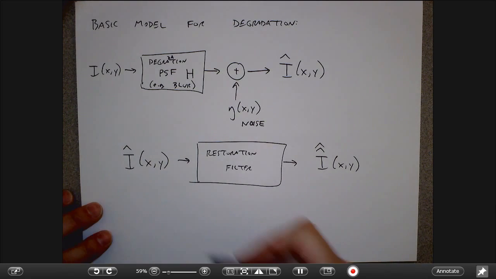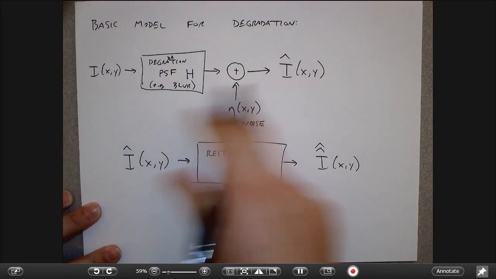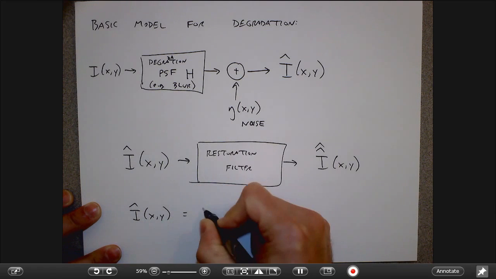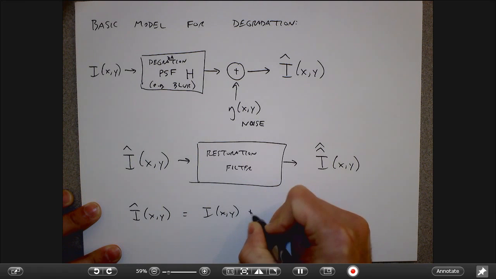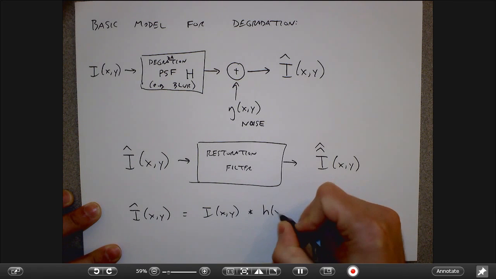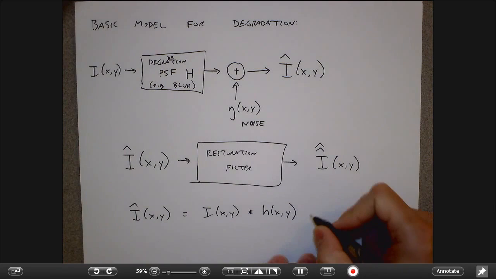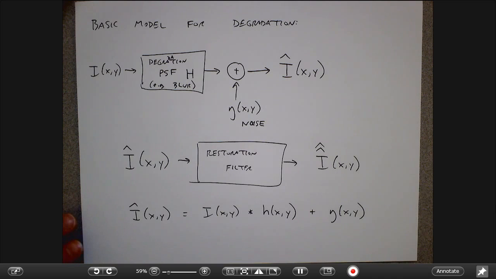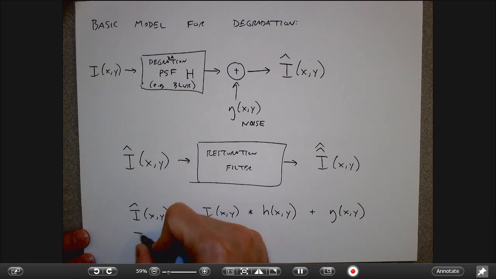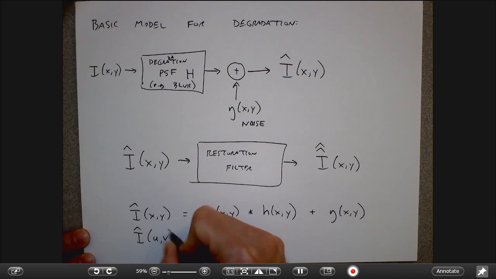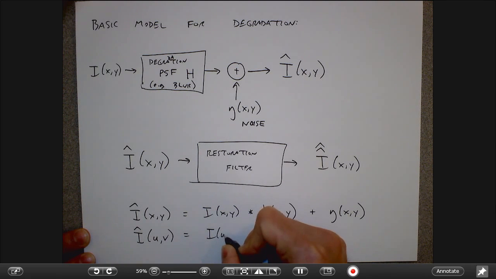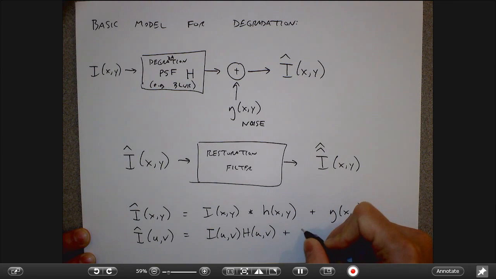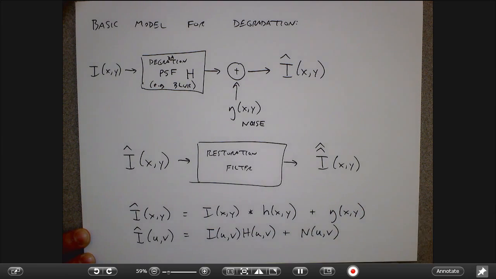In the spatial domain, the degradation looks like this: I have my original image, and I am convolving it with some 2D impulse response, and I'm adding noise to it. In the frequency domain, I have the convolution turning into multiplication, and I have some additive noise here.